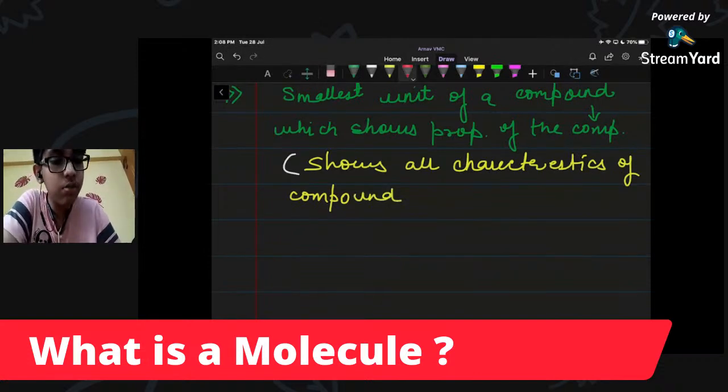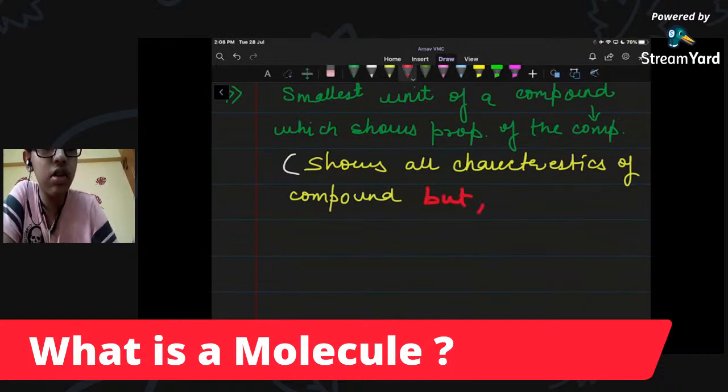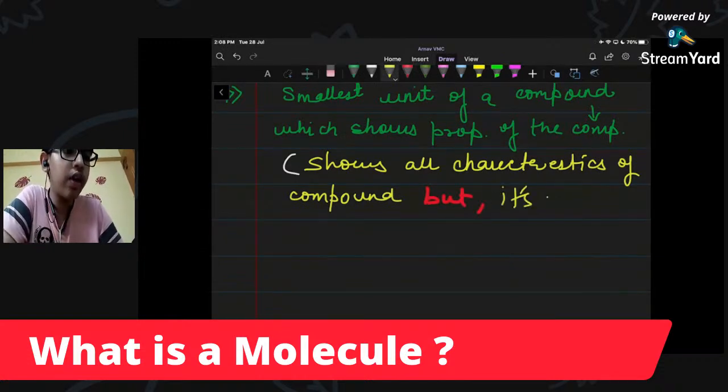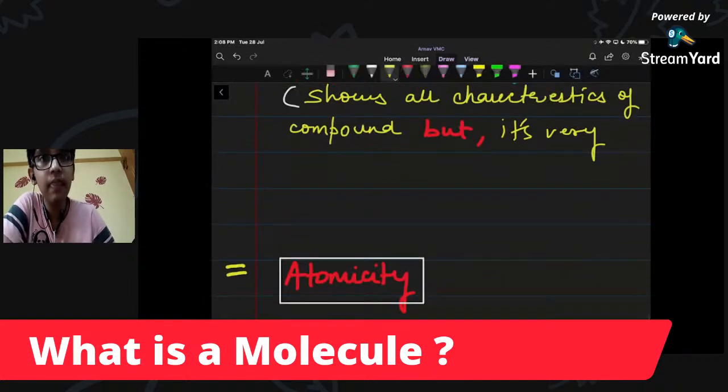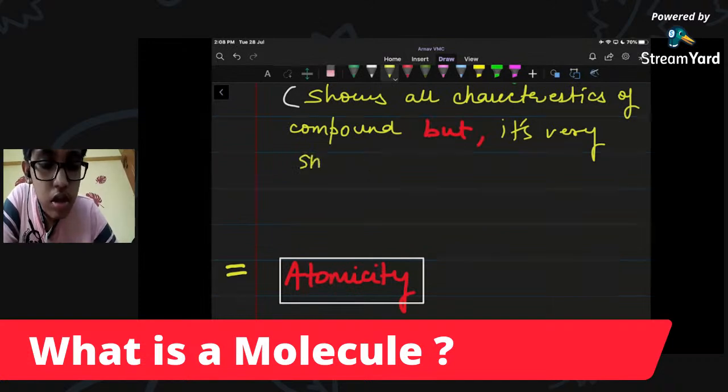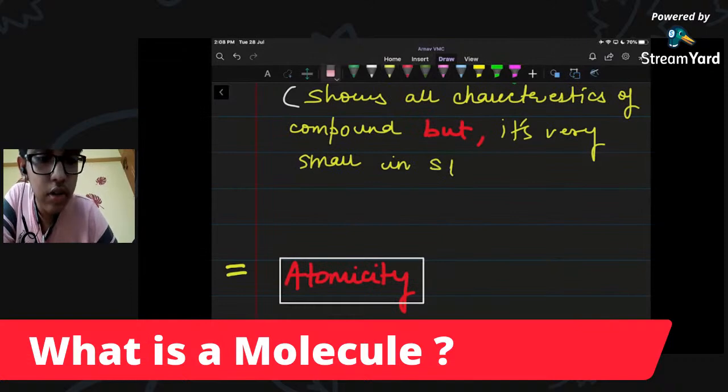And there's one more thing, but it's very small in size.